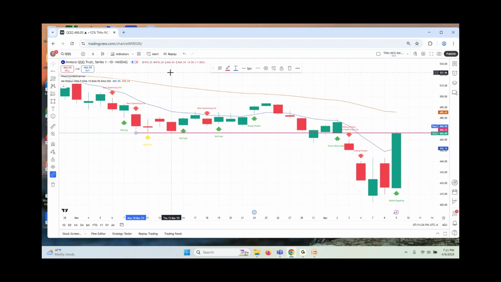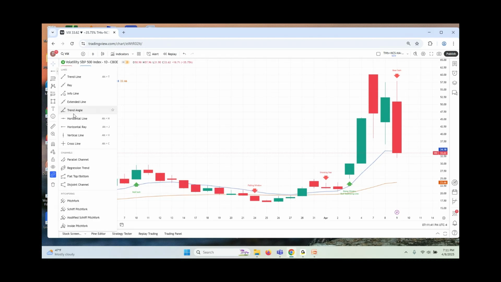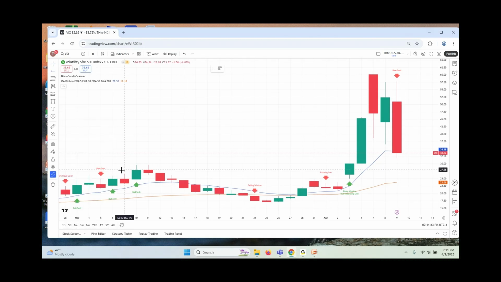So moving past the Qs and the Nasdaq, let's look at volatility. Here's the VIX. So you can see the VIX is the inverse indicator of the price action in the markets. Once again, marking a potential area of resistance right here.